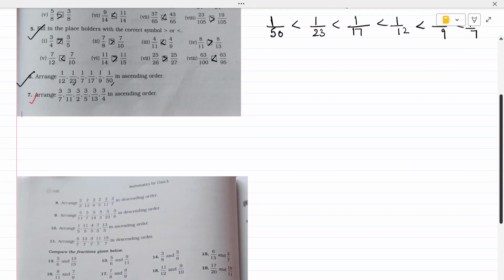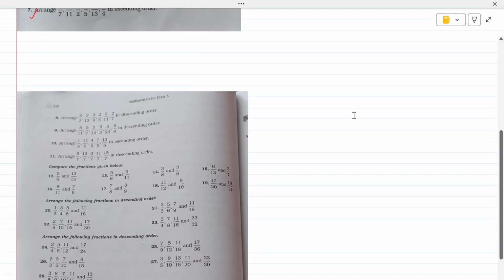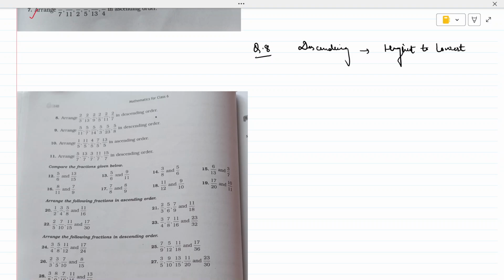Okay, next question, we have to arrange the fractions in descending order. Same thing but in the opposite scenario. Now we have to do it for descending order, that is highest to lowest.